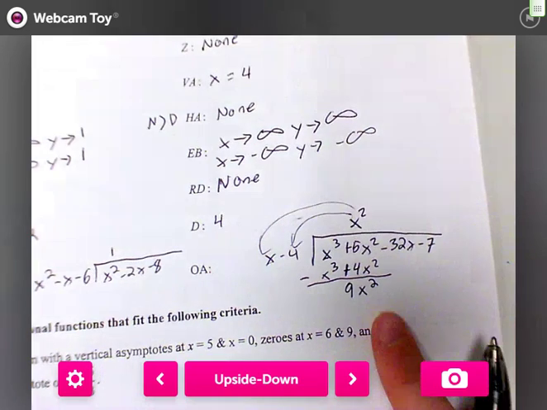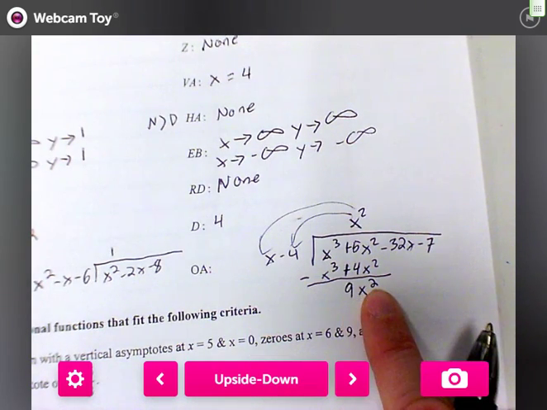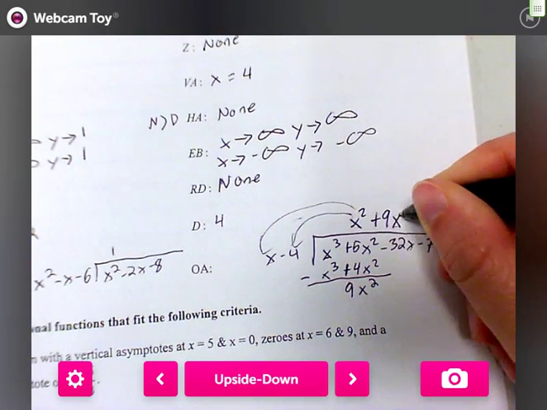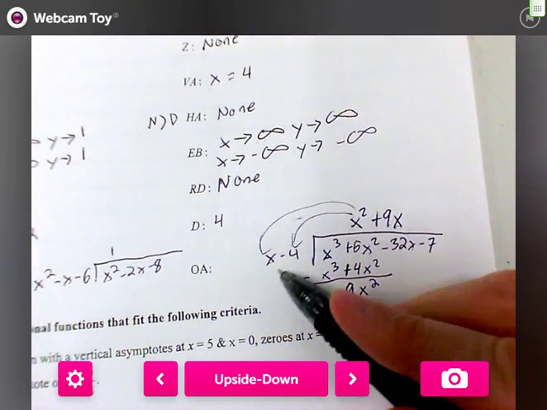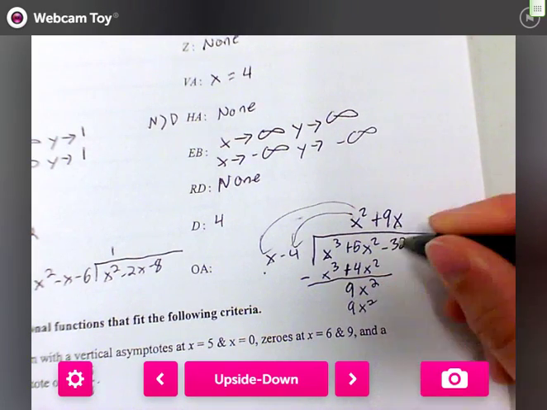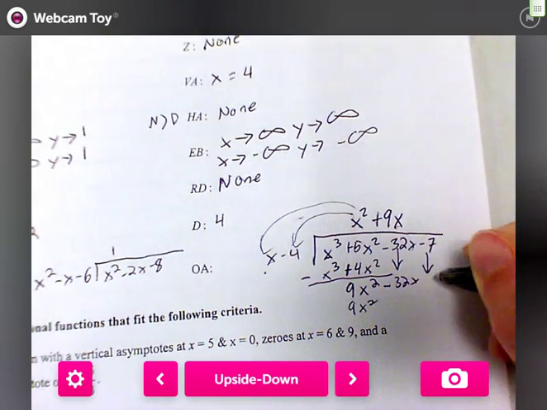Is everybody following so far? Am I going too fast? We're okay? Okay. What times x gives me 9x squared? 9x. 9x times x gives me 9x squared. Make sure you pull down this negative 32x and this negative 7. I forgot that part.